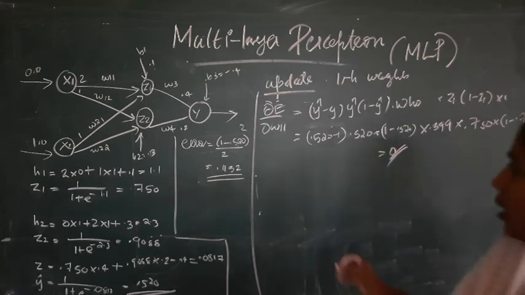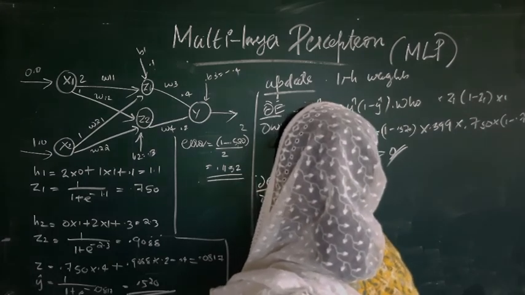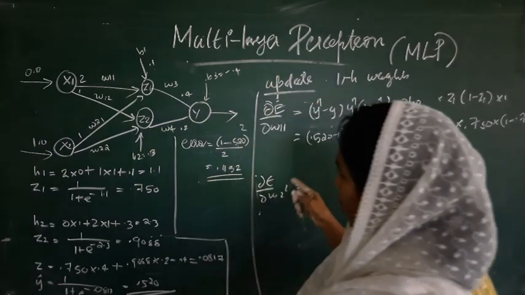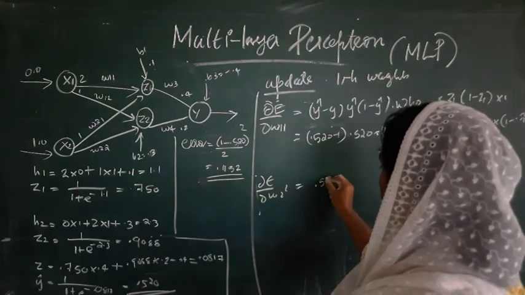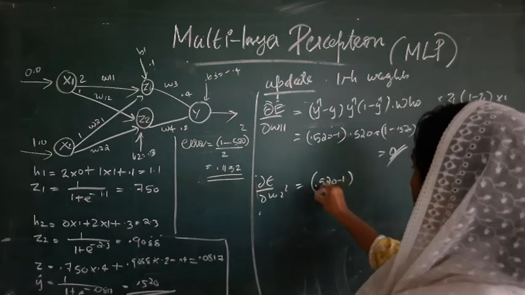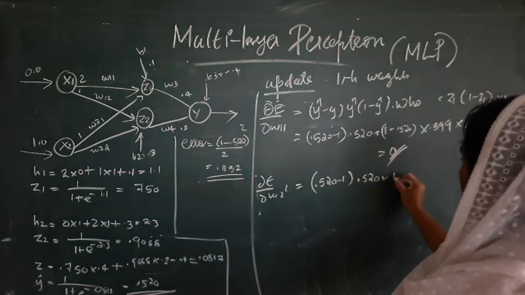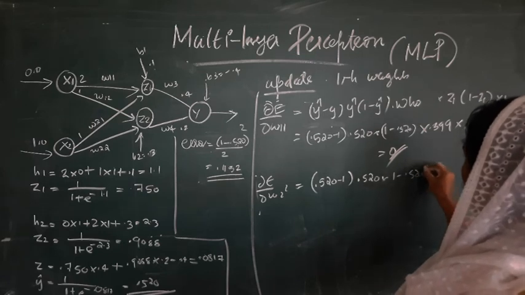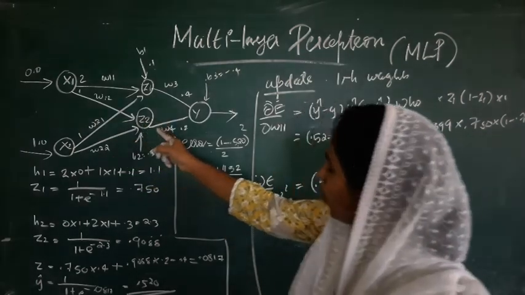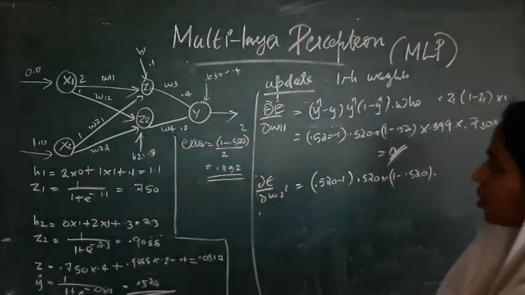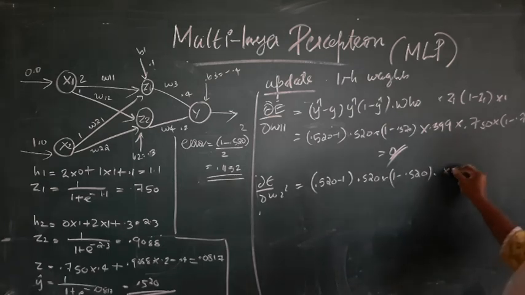In this context I will show you W22. So dou E by dou W22. Okay. So for W22, y cap minus y is 0.520 minus 1. Now y cap is 0.520. Now 1 minus y cap is 1 minus 0.520. Now WHO. For W22 the hidden to output layer weight is W4, the value of which is 0.199.